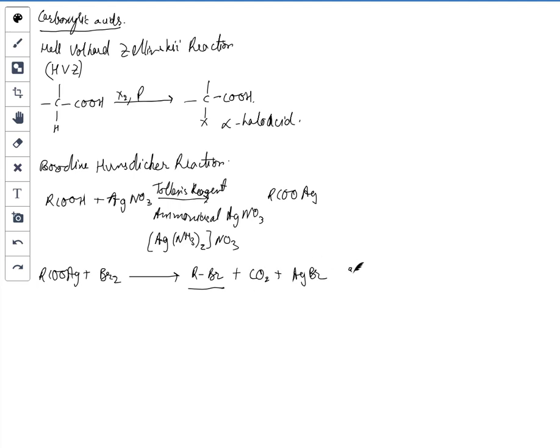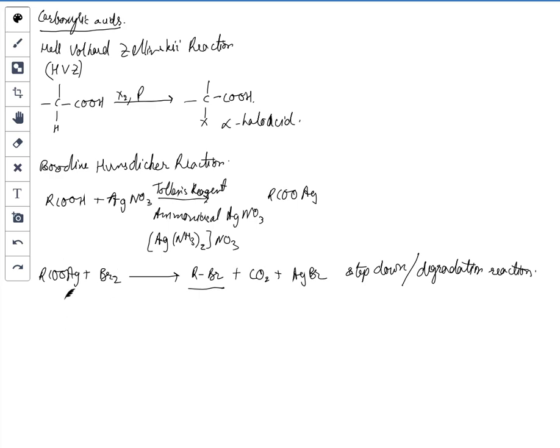So again, it is a step down or degradation reaction. Is that clear? Okay. So it is a step down or degradation reaction.